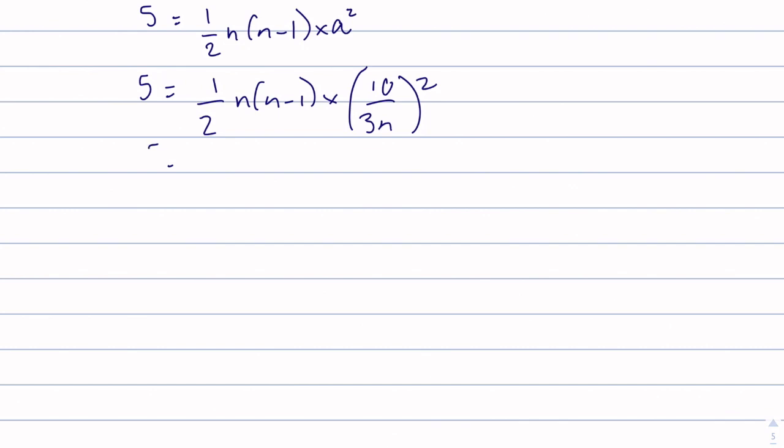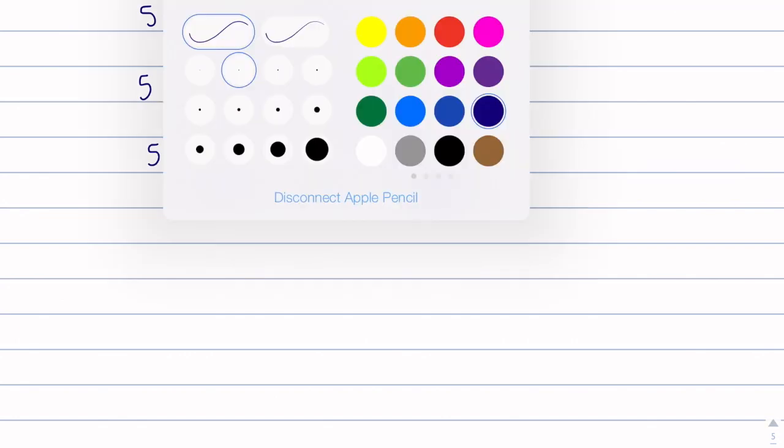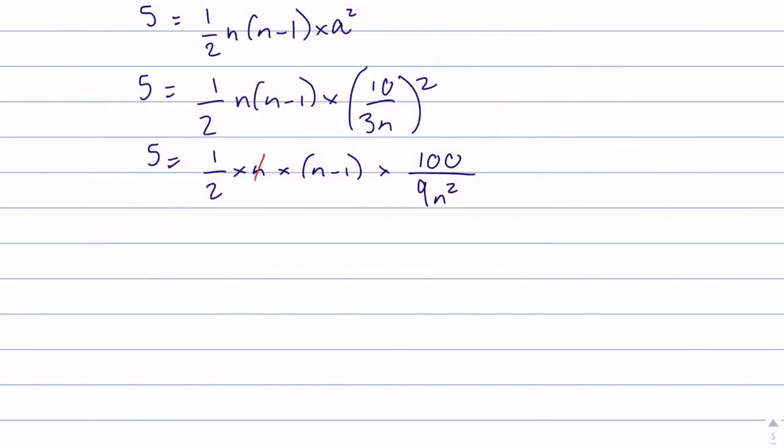So I've got 5 equals a half times n(n - 1) times 100 over 9n². Cancel one of these n's out. Anything cancel? Just anything to possibly make this easier. So I'm going to get 5 equals (n - 1) times 50 on 9n.